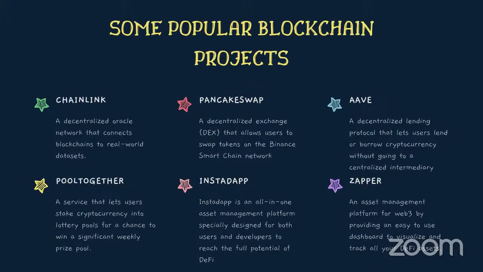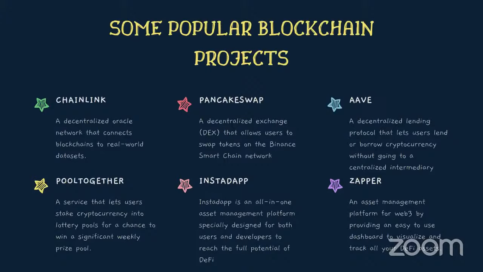For that, we have the second oracle problem, which is what decentralized oracles like Chainlink are solving. So basically, with Chainlink, you get data from outside the blockchain system and send it inside the blockchain to smart contracts.